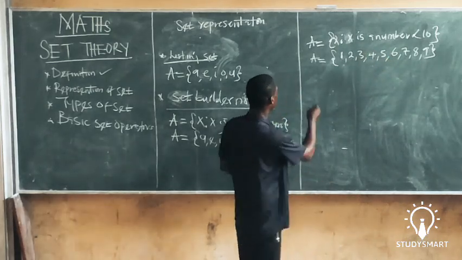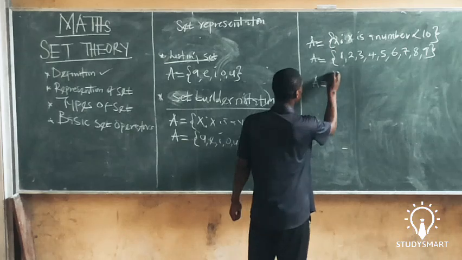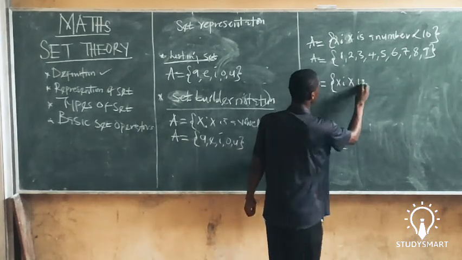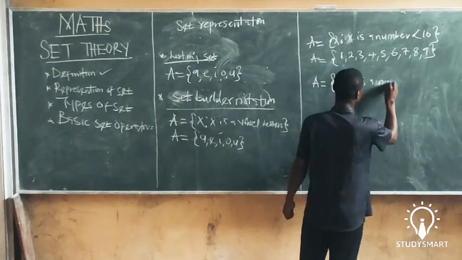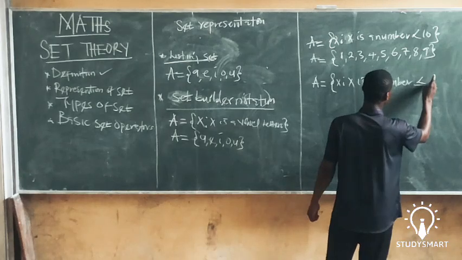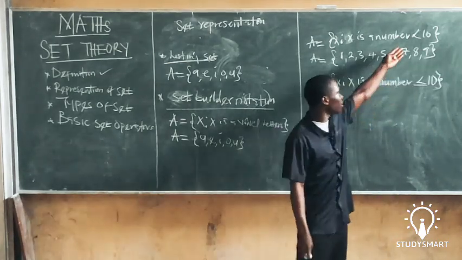What if I have A to be equal to the set of x such that x is a number less than or equal to 10? This automatically means something different from this.